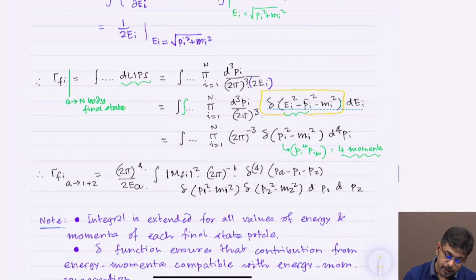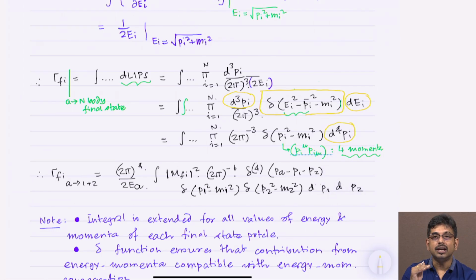So, in a sense, E square minus P square is nothing but the 4-momentum square, Pi square. So, you can say that this is the delta of Pi square minus Mi square, and you now see that this d cube Pi conspires with the dEi to give you a 4-momentum integral.